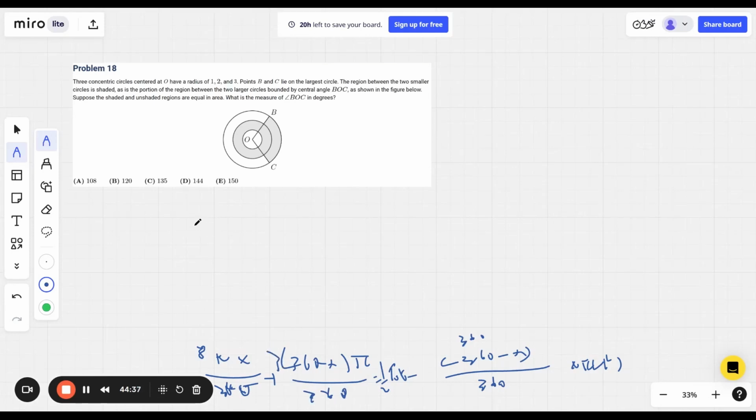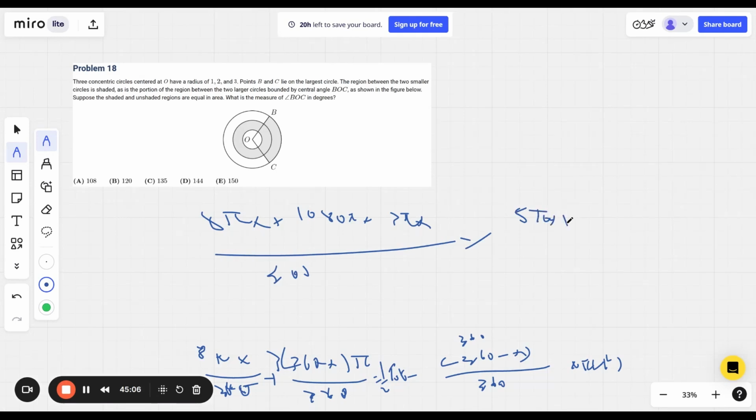So we got 8 pi x plus 1080 pi minus 3 pi x over 360, which equals 5 pi x plus 1080 pi over 360, equal to 1 over 2 times pi times r squared, where r is 3, which equals 9 pi over 2.